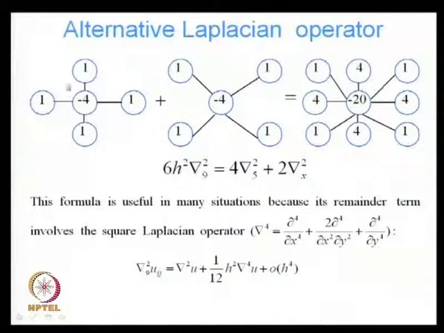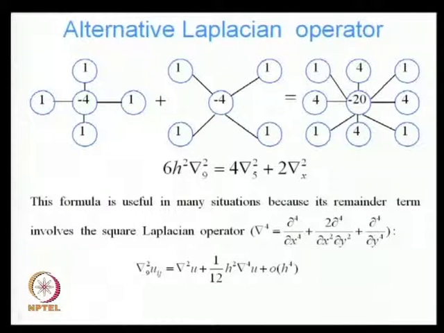So, this is an example of that, where we have combined the 5-point operator with the cross difference operator to get what is called a 9-point Laplacian, and this is probably the most commonly used representation of the Laplacian. Neither this nor this is commonly used; this is what is most commonly used, the 9-point representation of the Laplacian.